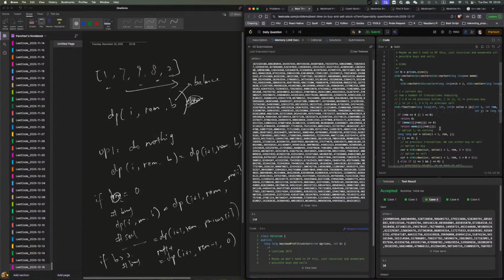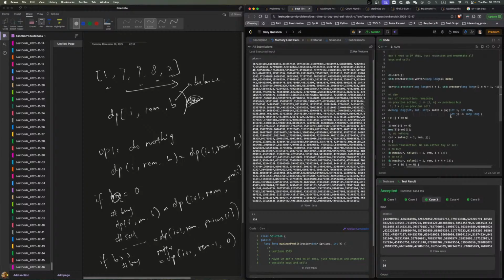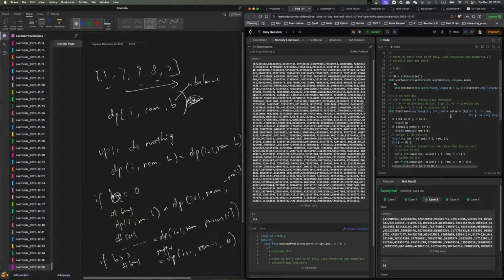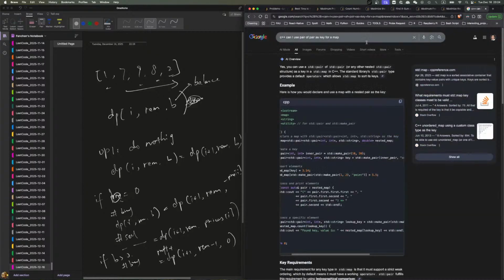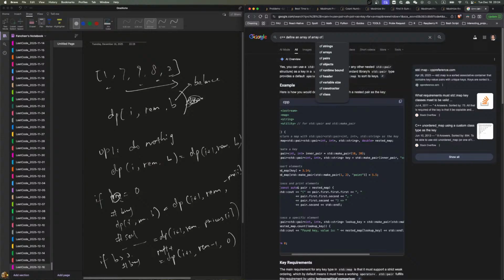Well, the only thing I can think of is, right, we don't define it this way. Define an array of array of array.